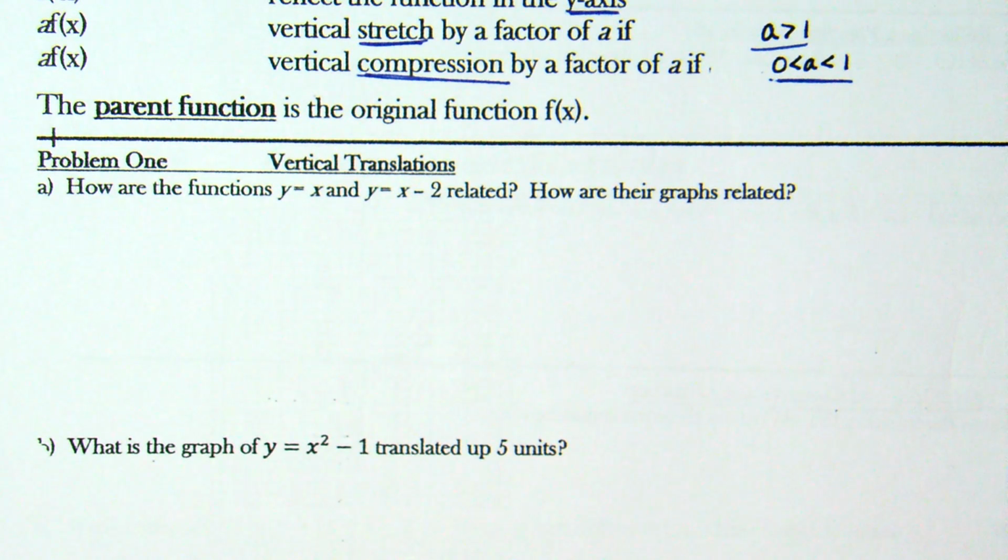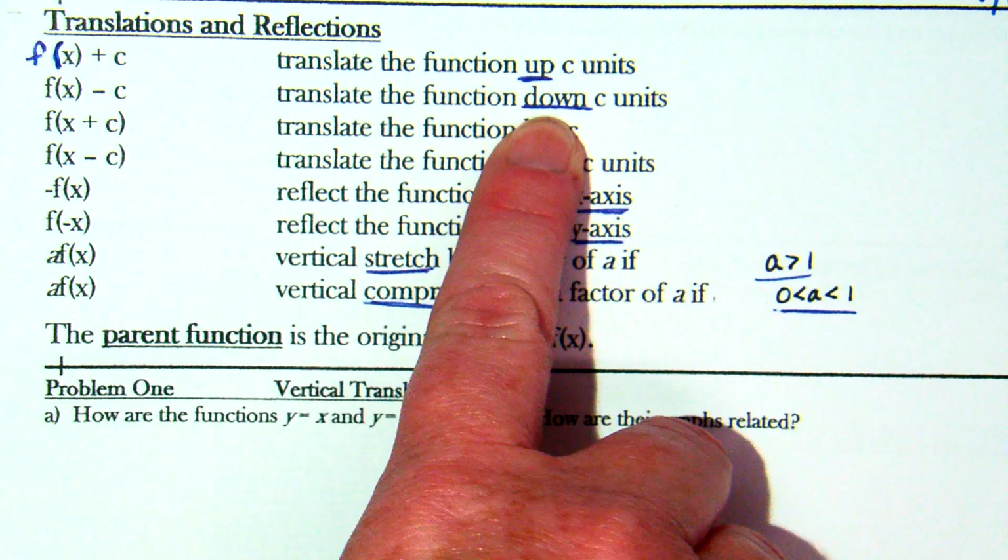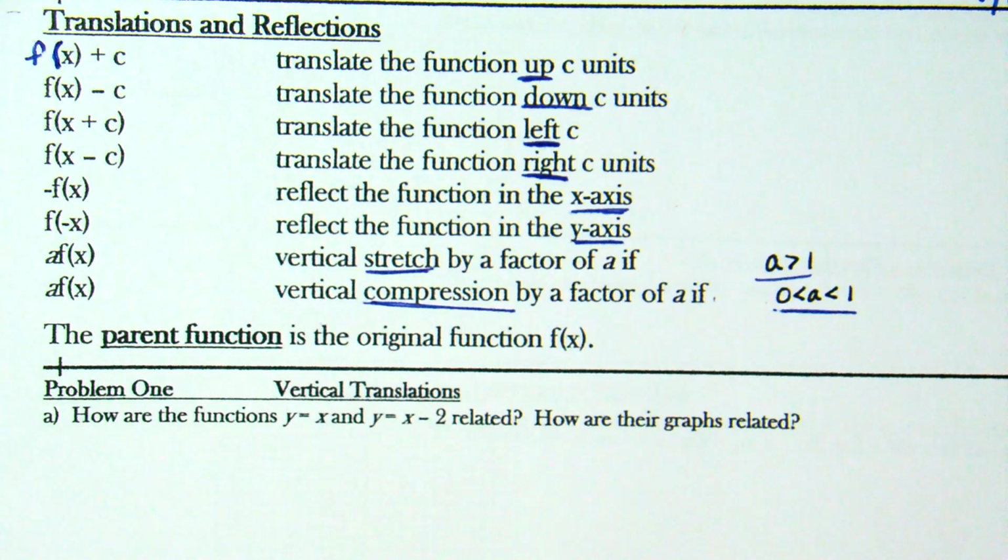A minus 2 just on the function is what? Going down 2 units? Okay, so on this particular problem, and again, it's because we're talking just a straight line, you could say right 2, but I was looking more for down 2. Okay?